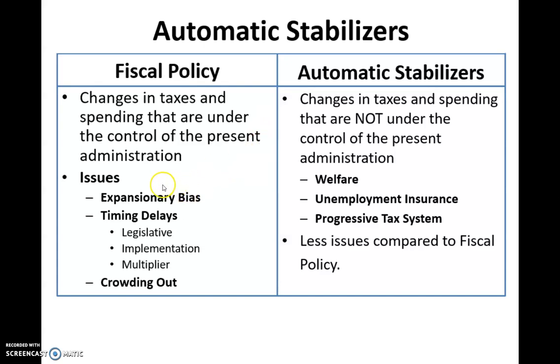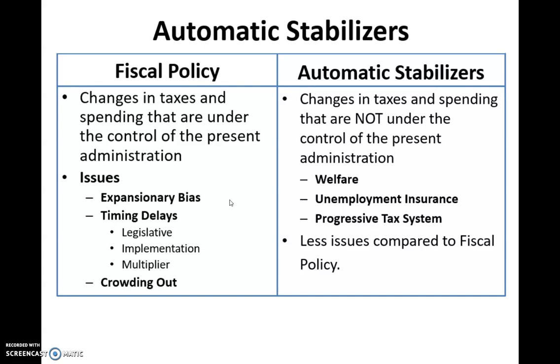There are issues with this. The first issue is what's called the expansionary bias. People in elected office are very quick to respond to recessions. When the economy is low in terms of production, when unemployment is high, they want to step in to fix it.